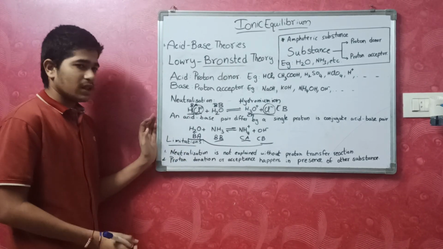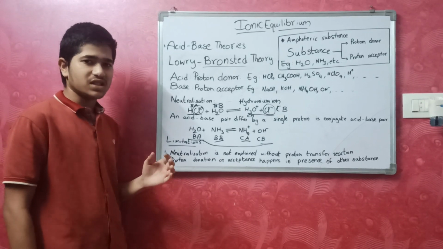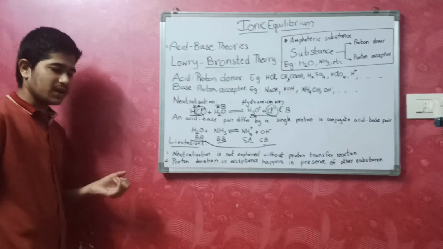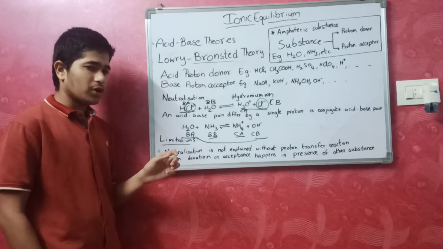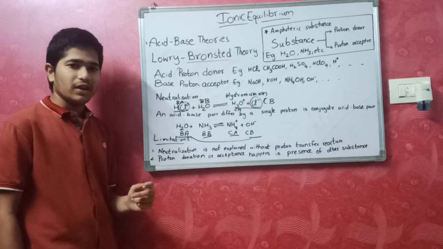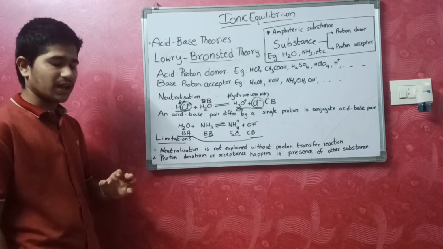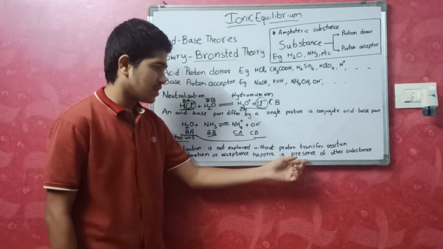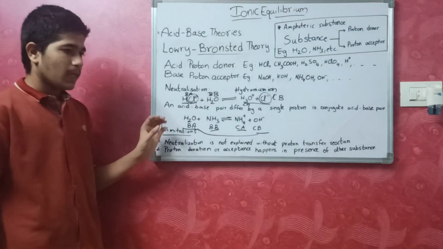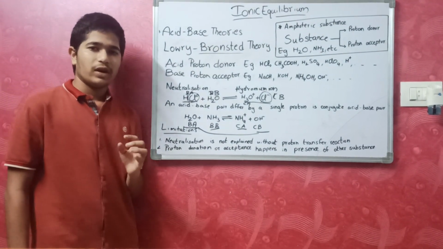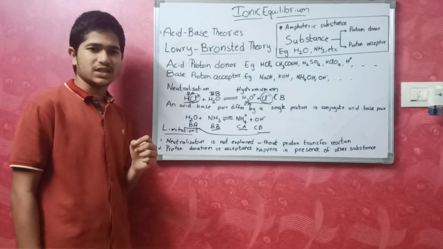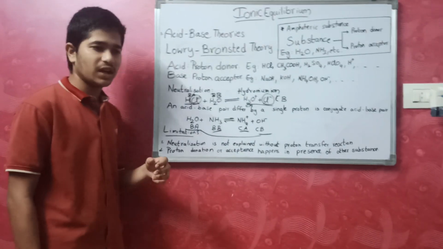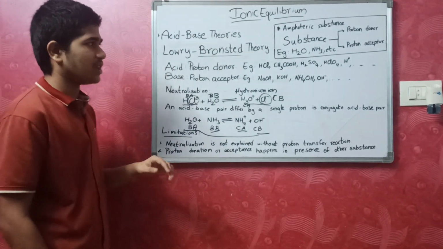In the previous Arrhenius theory we discussed that neutralization gives us salt and water, and this theory failed to explain that. Also, proton donation or acceptance does not always require another substance; it may be required in some cases and not required in other cases.